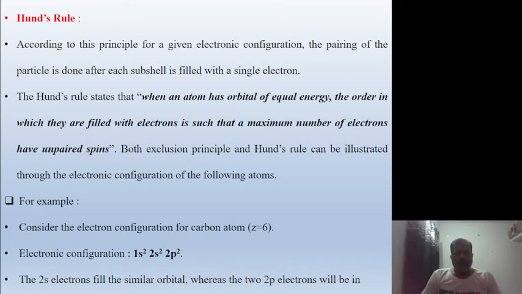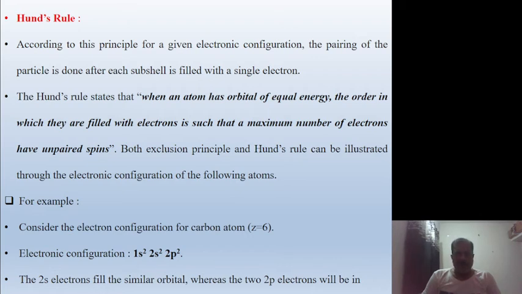Both the exclusion principle and Hund's rule can be illustrated through the electronic configuration of the following atoms. For example, consider the electronic configuration of carbon. The atomic number of carbon is 6. The electronic configuration is 1s2 in the first innermost shell, 2s2 and 2p2.